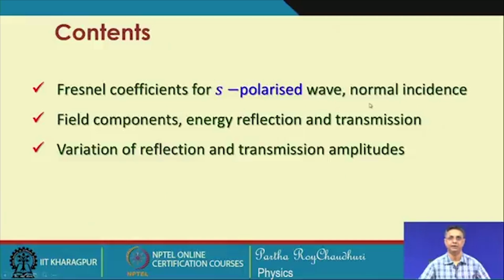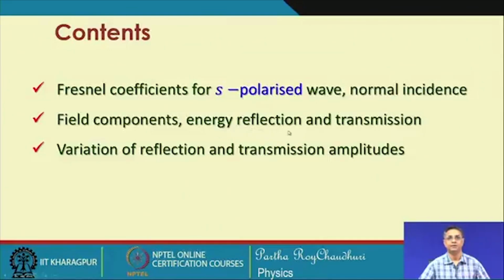We will try to compare the normal incidence for the S polarized wave as well as for the p polarized wave, and we will see that they reduce to the same equation under the condition of normal incidence. Then we will continue our discussion with the various field components, the magnetic field components and electric field components in the transmitted and reflected wave.